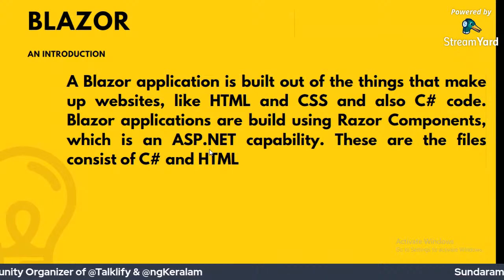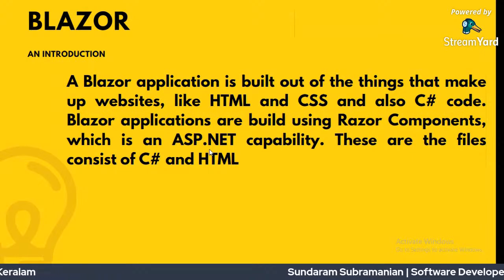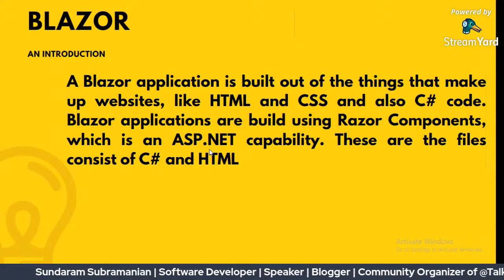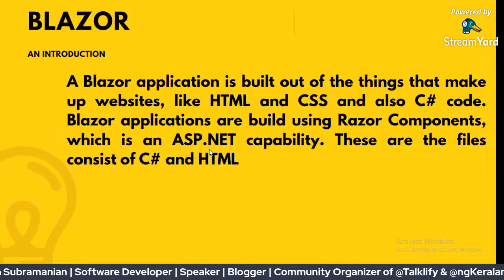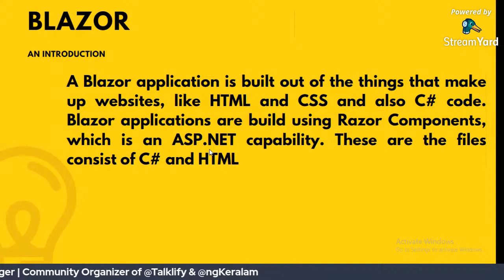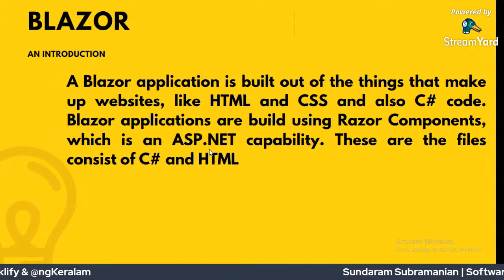Blazor applications are built using Razor components, which is an ASP.NET capability. So the file consists of C# code and HTML code. I will show you a demo very shortly. Those who are well versed in ASP.NET or Razor applications can easily understand the concepts I am saying now.